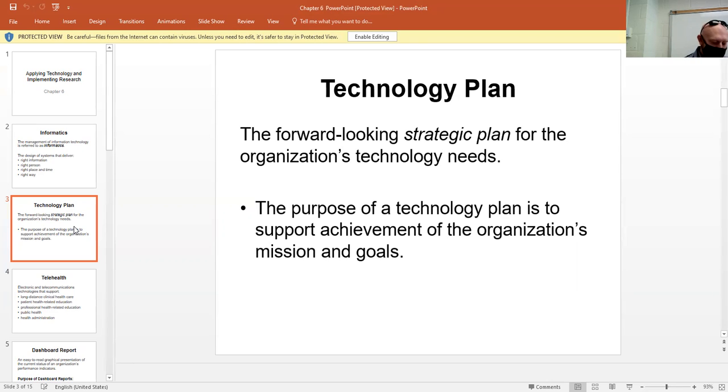Usually there's a committee that would sit and discuss something like this, because you need people chiming in from different directions. The purpose of a technology plan is to support achievement of the organization's mission and goals. And that's going to be in your assignment that you turn in.